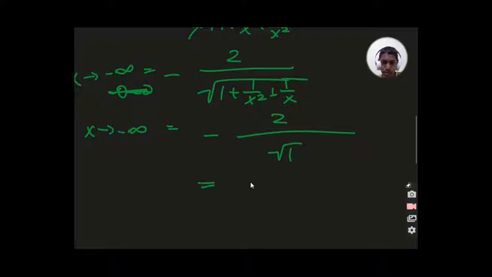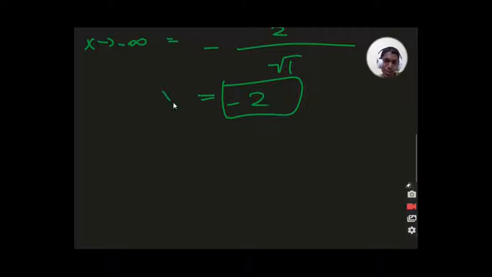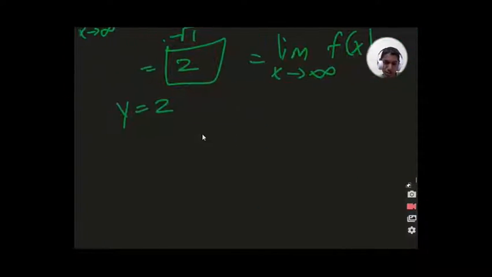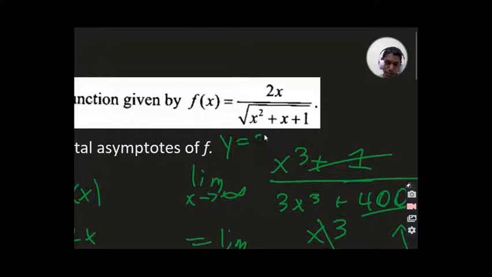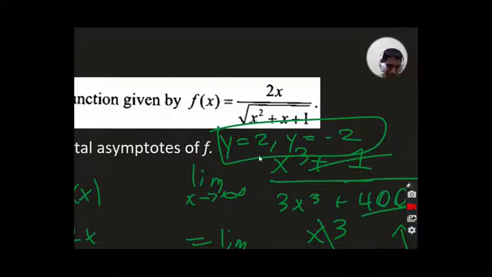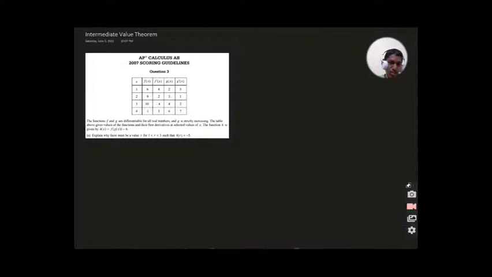Root 1, and we're going to simplify that to minus 2. So we know that there will be a horizontal asymptote at y equals minus 2, and we also found y equals 2 earlier. So the horizontal asymptotes will be y equals 2 and y equals minus 2. Ta-da! So, summary, do this if you want to find horizontal asymptotes.